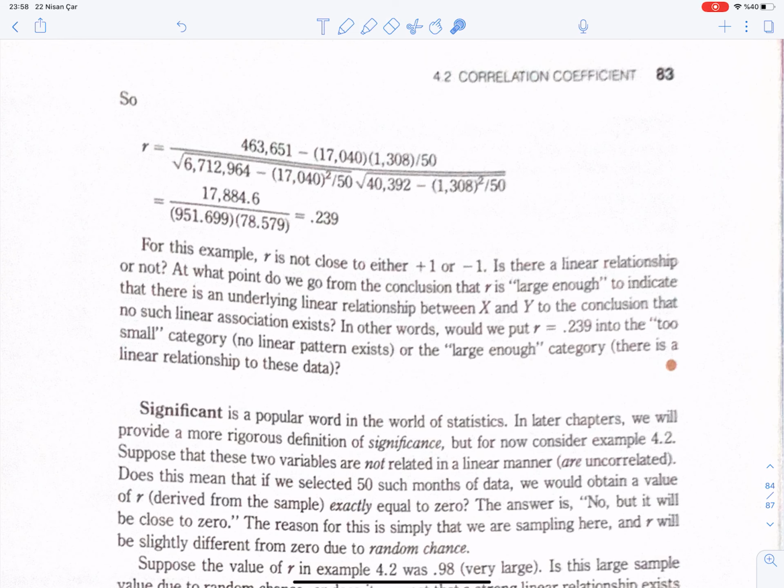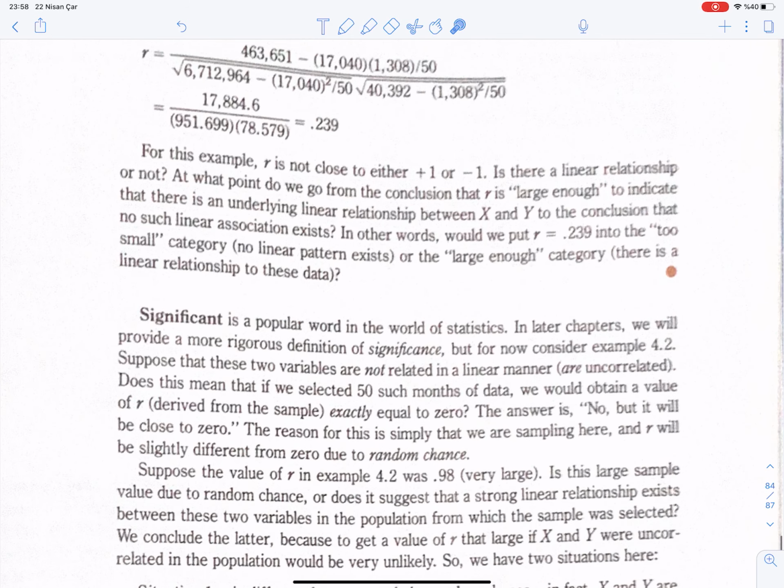As I told you, this information does not exist in the book. Since the sample size is small, you always tend to find the Pearson correlation to be large enough, like 0.2 or 0.3. In our case, you can consider it to be significant.